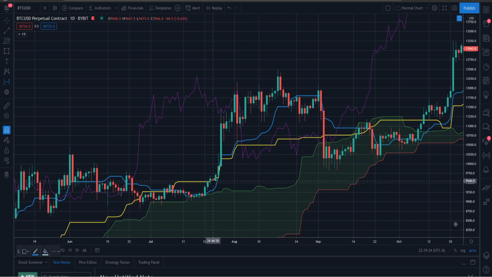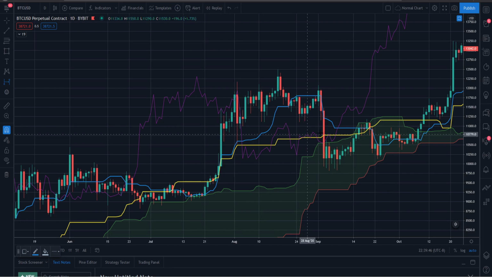But if you're looking at this chart right here, I'm just going to go over real quickly the basics to look at. So this blue line right here is called your Tenkan-sen, or Tenkan for short. It's also, if you look in your settings, called a conversion line.